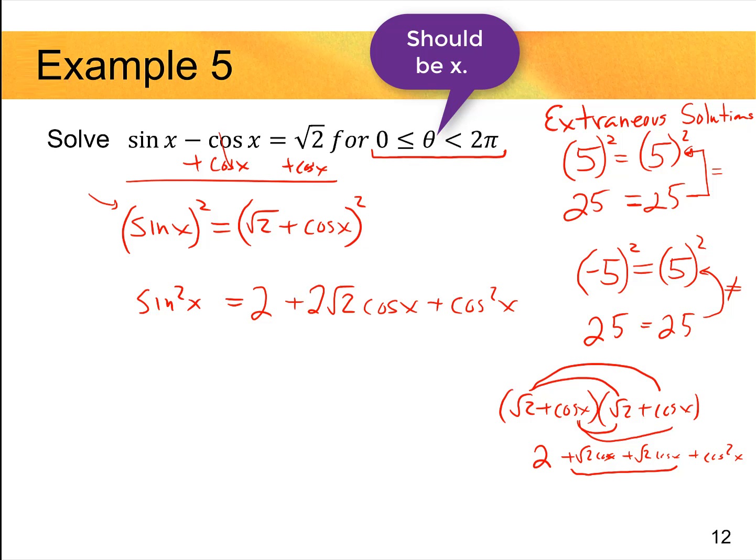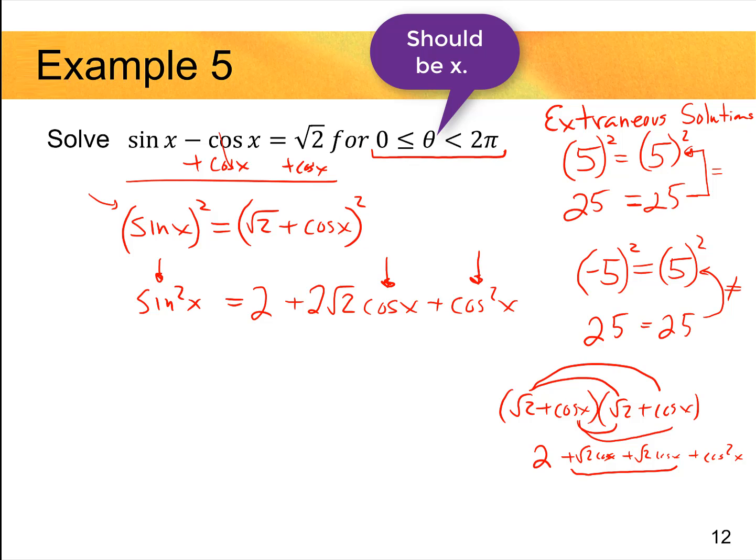Now some students usually like to bring this cosine back over here, thinking they're going to do a Pythagorean theorem with sine squared plus cosine squared equals 1, and that does not happen, because remember, if you move it to the left side, it's going to be a minus cosine squared, so you can't use that. But notice what you have here is a sine squared, here you have a cosine, and here you have a cosine.